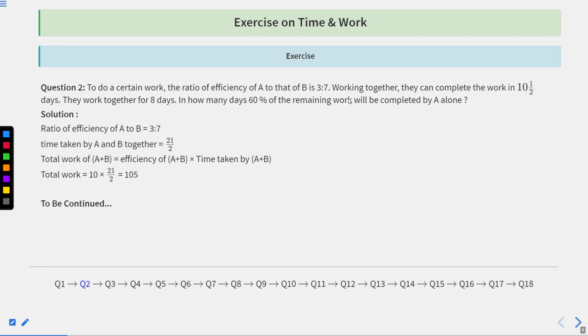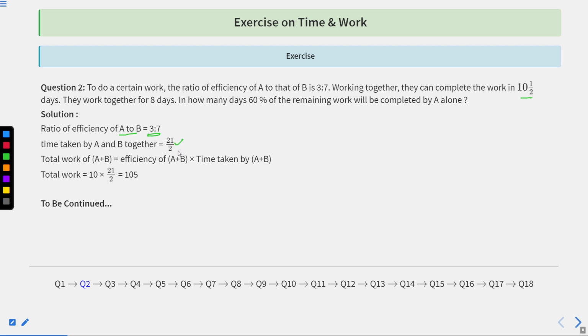So let us have a look over the solution. The ratio of efficiency of A to B is given as 3:7, and the time taken by A and B together is 10 and 1/2. That means 2 times 10 plus 1 upon 2, that is 21 upon 2.